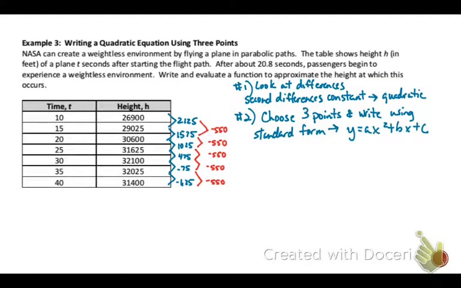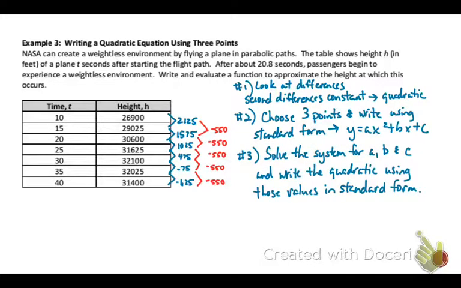We'll use the x and y from each of those points, plug them into standard form, and create a 3-variable, 3-equation system. And so that's step 3. You're going to solve the system for a, b, and c, and then write the quadratic using those values in standard form.